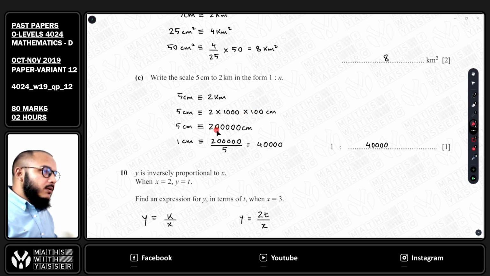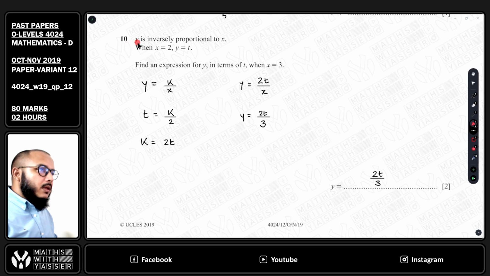So that will give me 5 centimeter is representing 200,000 centimeter. Therefore, 1 centimeter will represent 200,000 over 5, which will be 40,000 centimeter. Since I have centimeter on both sides, I can cancel them, and eventually this will become 1:40,000.